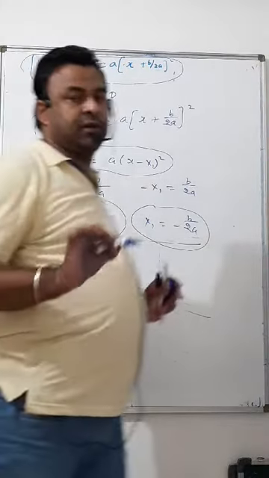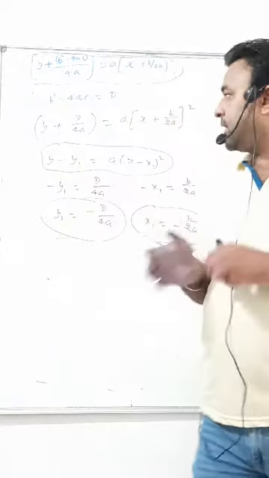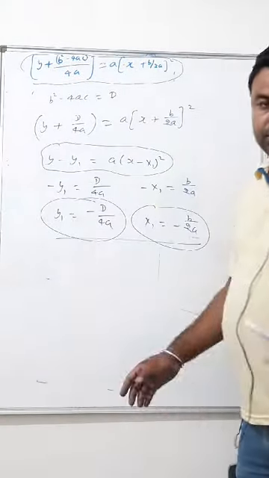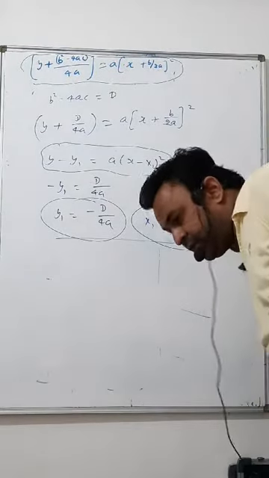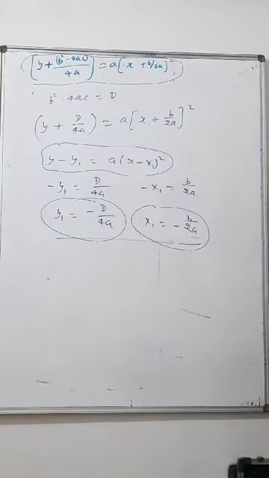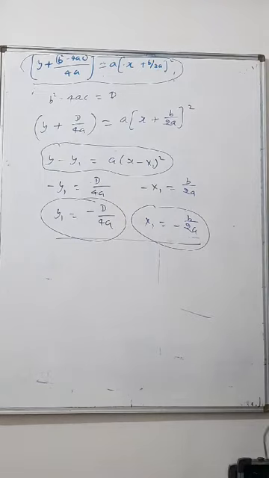So in general, for any standard quadratic or parabolic equation, the coordinates of the vertex are x1 equal to minus b by 2a and y1 equal to minus d by 4a, where d is b square minus 4ac.